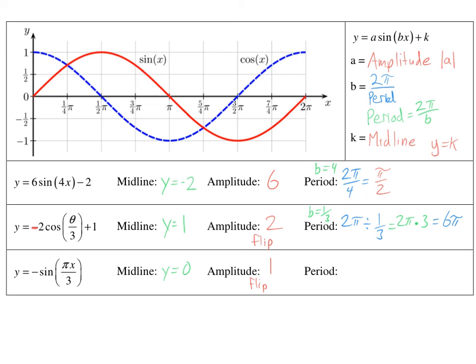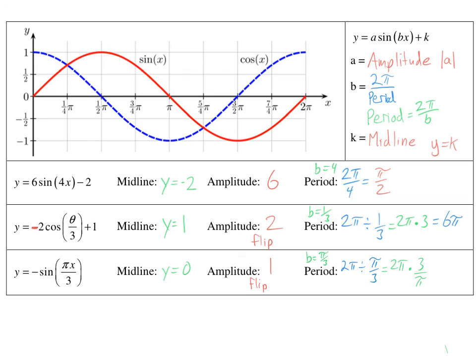And lastly, our B for the last one is pi over 3. So I'm going to take 2 pi divided by pi over 3. That would be 2 pi times 3 over pi.